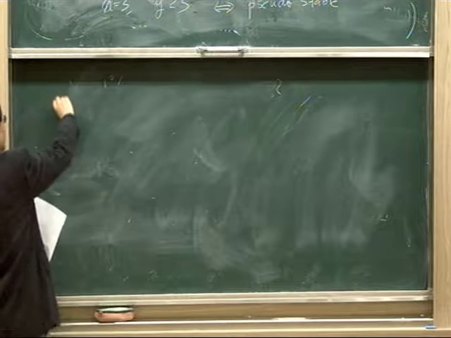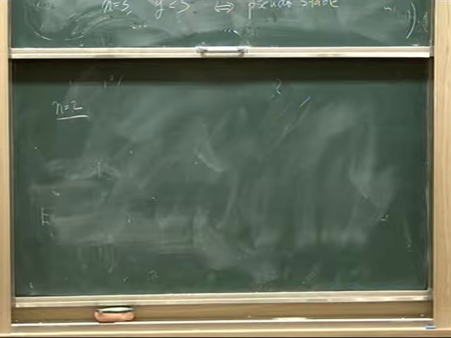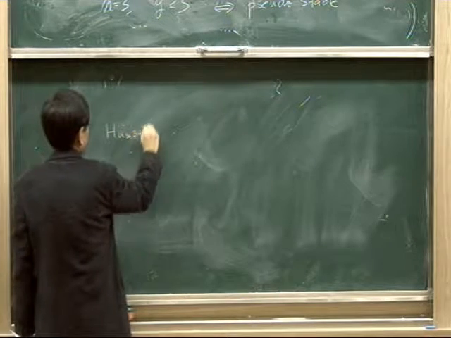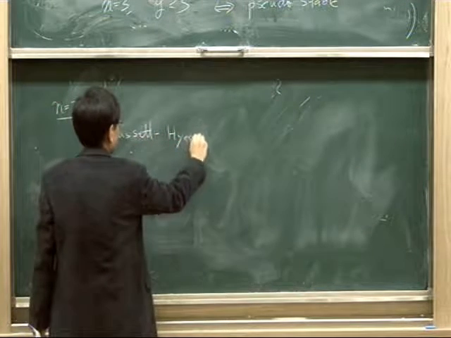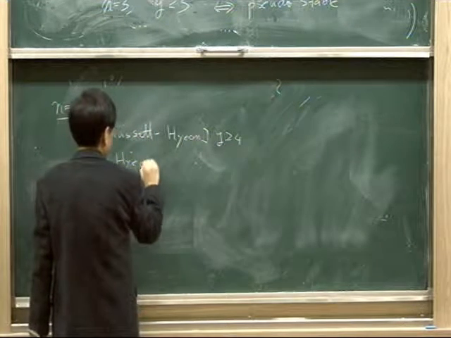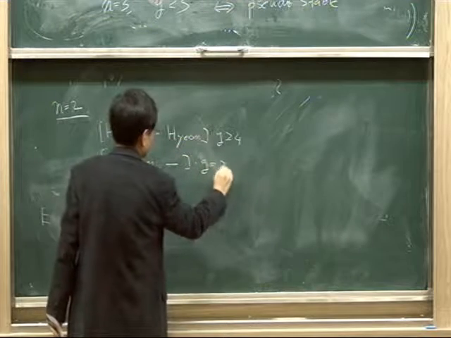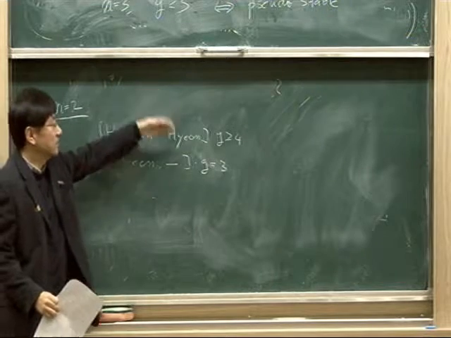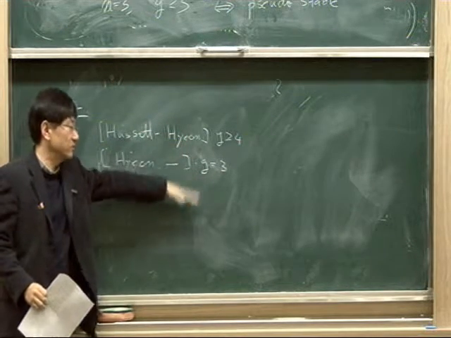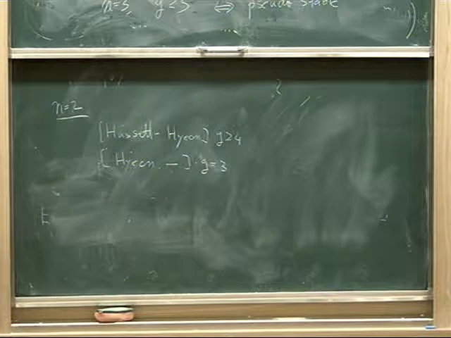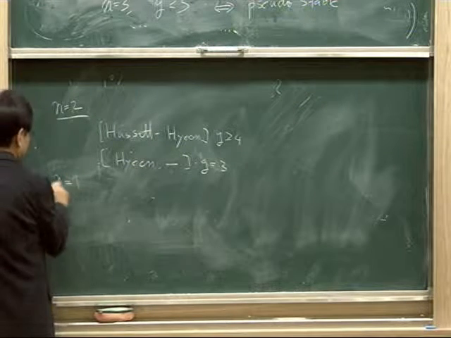What happens for example for n equals 2? Then your embedding space is much smaller, and you need worse singularities. Hassett and Hyun worked on the general case, and Hyun and I worked on some special cases, the g equals 3 case. Why work on special cases? Usually we do not need strictly semistable ones, but if you go to smaller genus, you need to allow the strictly semistable ones. Then a very hard question is what happens for n equals 1.